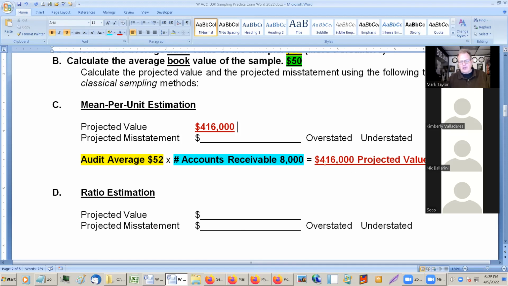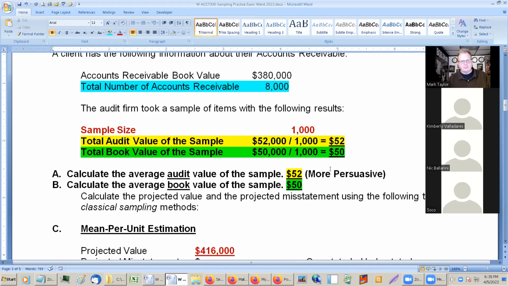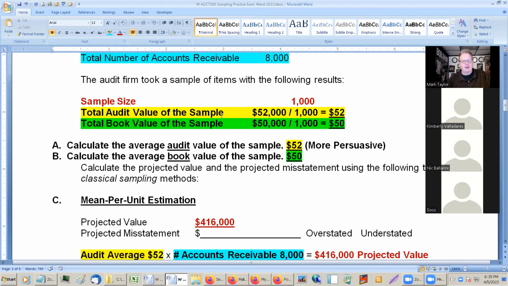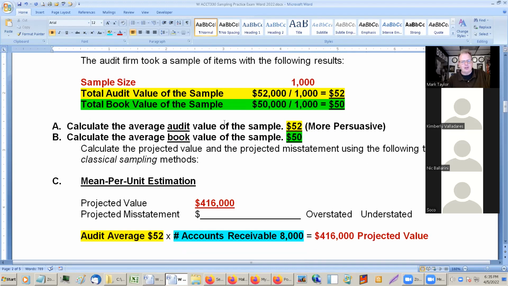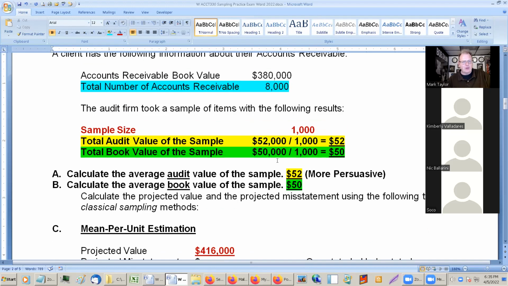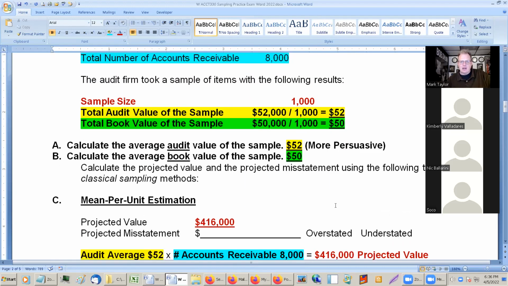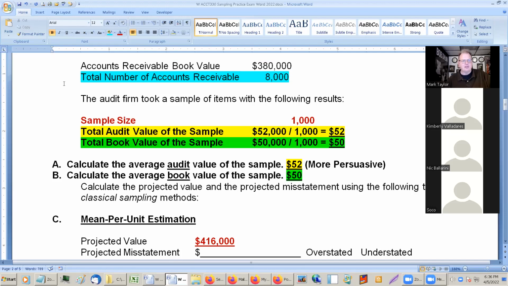Okay, so what is the projected misstatement? Oh, come on, you guys are toying with me. We're saying that they're, what are these? 36,000. Yes.